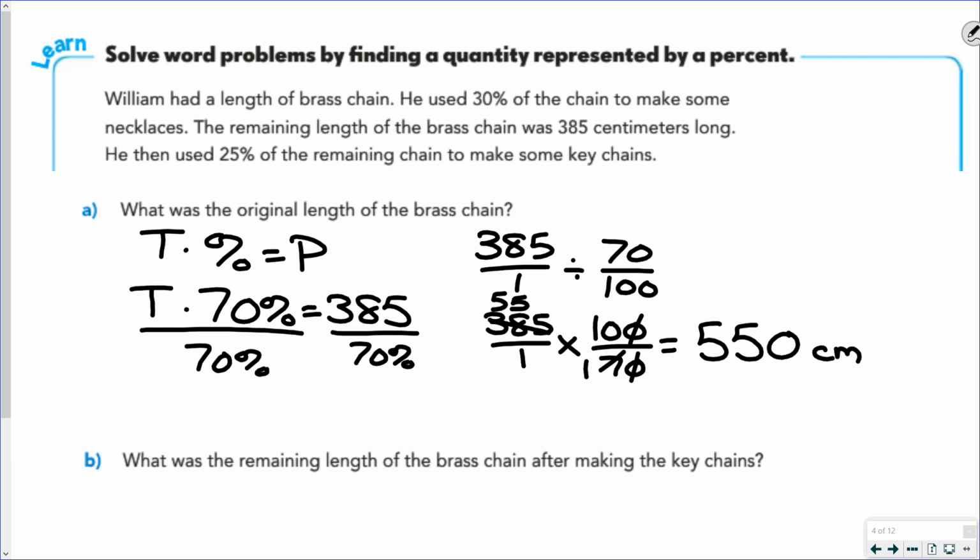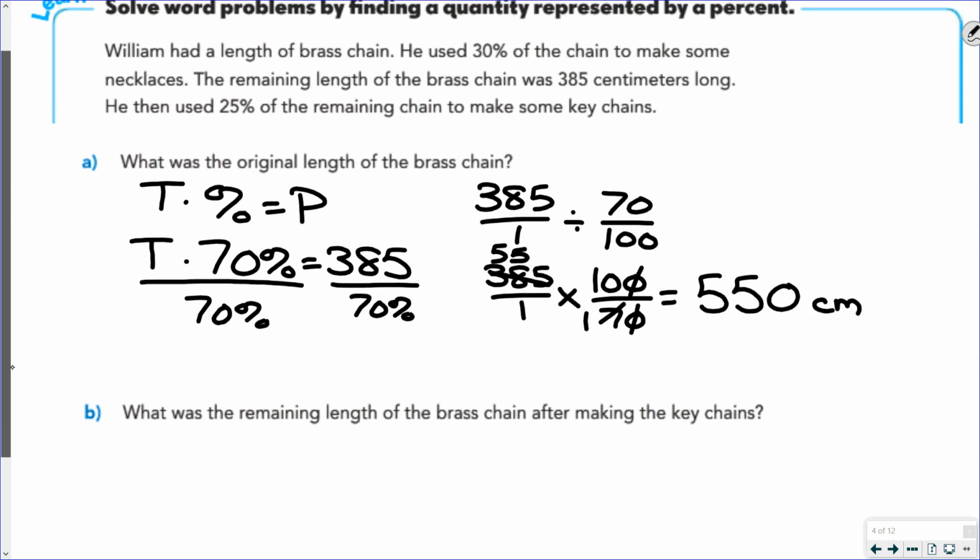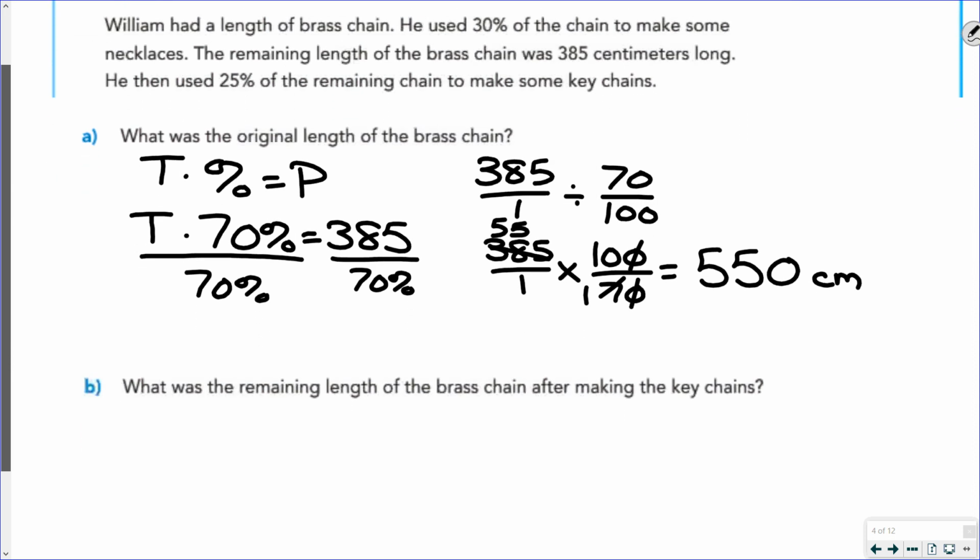Part B, same thing, we will use total times percent equals part. It says he then used 25% of the remaining chain. And we want to know what was the remaining length of the brass chain after making the keychains.